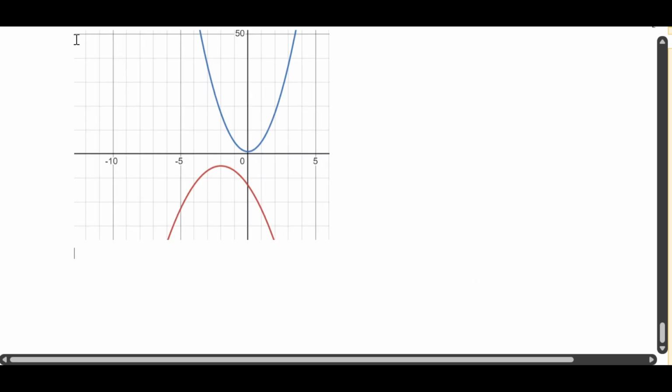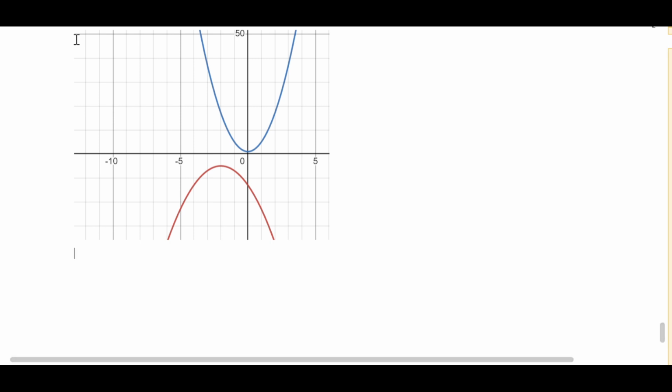Okay. So this is our graph, right? Now we have to find the inverse of this particular function, and inverse, yes, already we have found out.